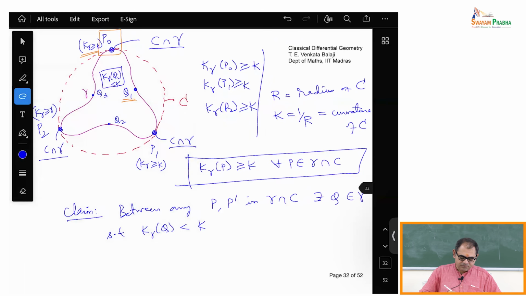The claim is that consecutive points, so when you say consecutive points, you are traversing in the anticlockwise sense, okay.